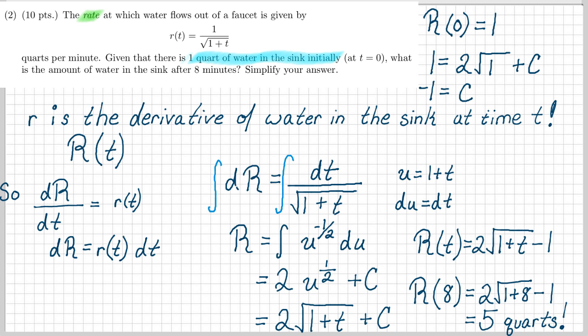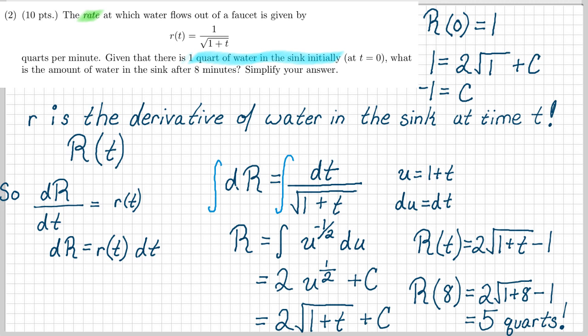But it's like telling us the speed at which something is happening. So if we wanted to figure out how far we had traveled, and we know how fast we're going, we can integrate our speed to find our total distance traveled. So that's essentially what we're doing. We're integrating the speed that water is entering the sink to figure out how much water we have.